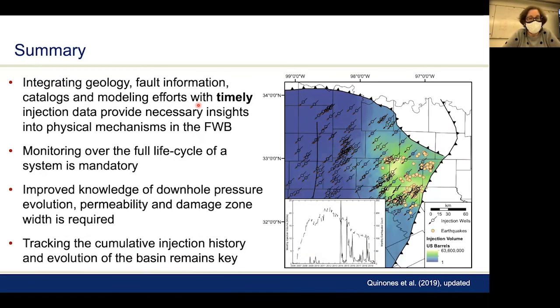So how deep? Just give us a sense. I'd have to look at the cross section. Here it was what, 3 or 4 kilometers? Yeah, here the top of the basement is at 3 to 4 kilometers depth, because it dips. Up in Oklahoma, it's at 1.2. Oh, I see.